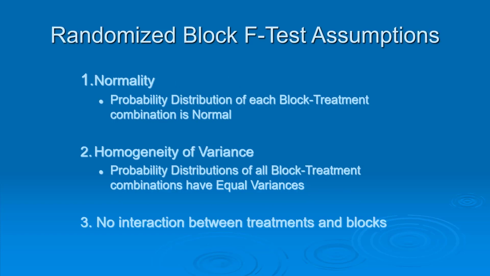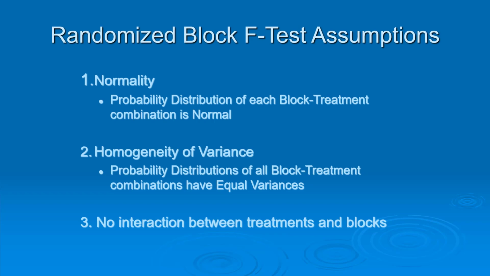Randomized block F-test needs to meet the same assumptions: normal distribution, equal variance, and no interaction between treatment and the blocks. The probability distribution of each block treatment combination is normal, and the probability distributions of all block treatment combinations have equal variance. The block and treatment effects are additive.